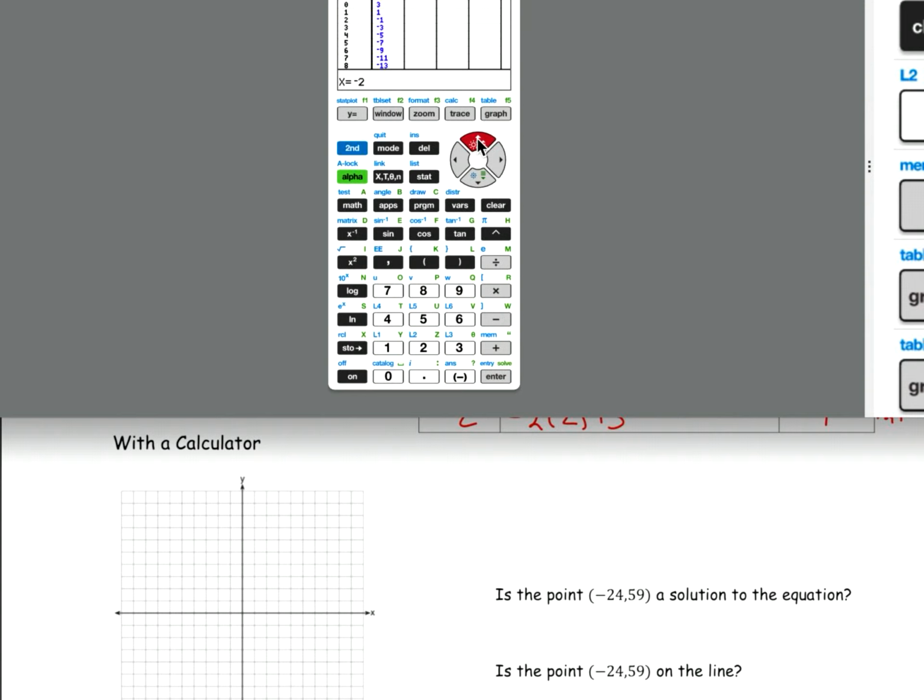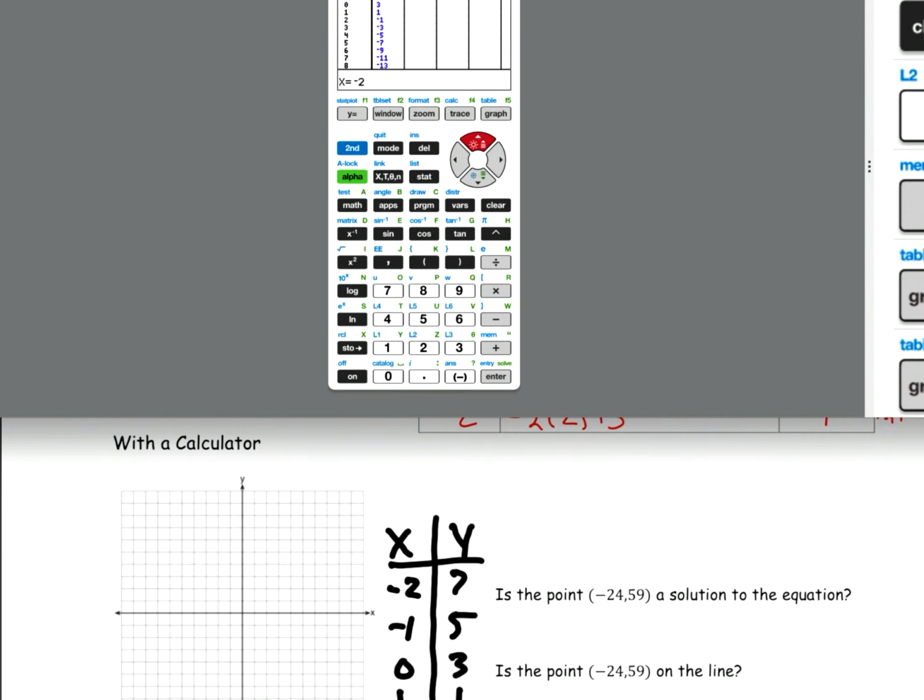We don't need to copy down every single point, but let's copy down at least 3 points in an XY table here. I'm going to do -2, -1, 0, 1, and 2. And their corresponding y values would be 7, 5, 3, 1, and -1.